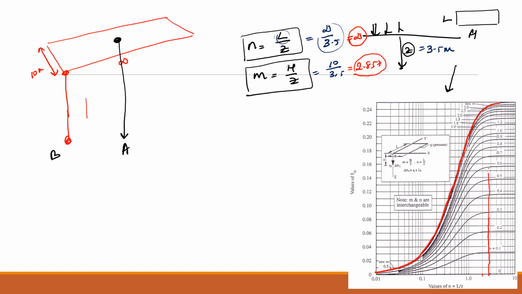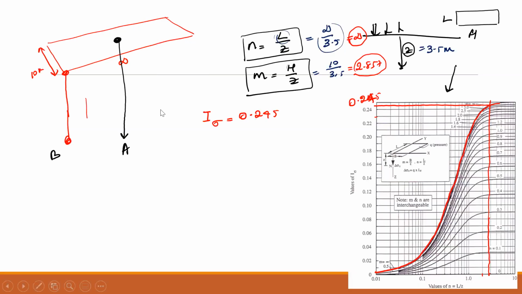So when you draw a line, it's 0.2-something, 0.23, 0.24, so 0.245 or something close to that. Do you agree? Yep.